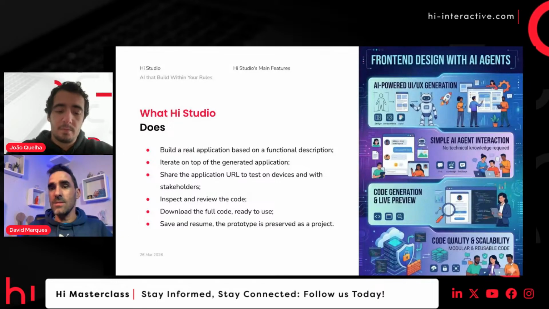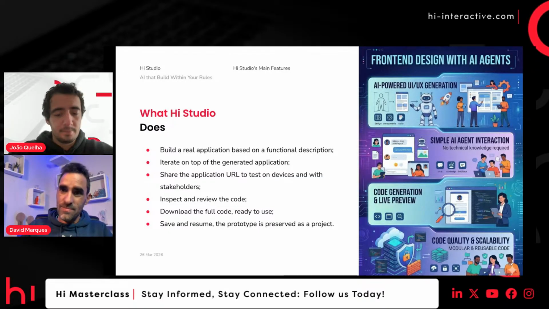You can share the application to be tested on devices by other users, by other stakeholders. It's a public URL. It's a live application. You can inspect and review the code. You can download the code for continuous integration, to use in house. And you can save the project and afterwards continue to interact with the application.